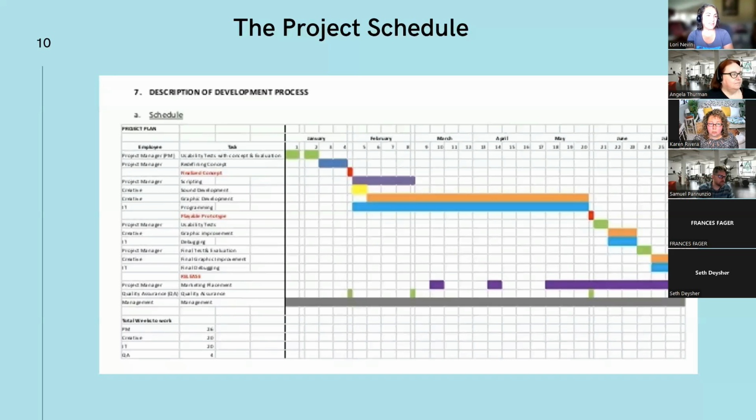Karen, your question, the probability of the lab being at capacity. As a project manager, I can look at the schedule and see when our product is going to be ready to go to the lab. I can look ahead and say, okay, in a month this product is going to be ready.